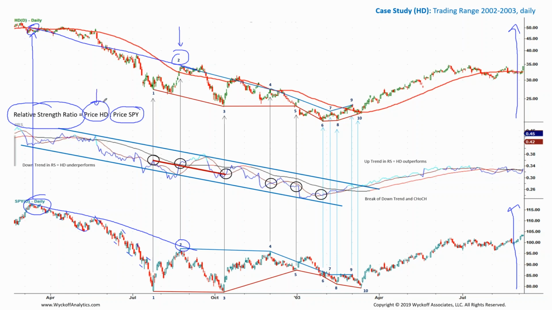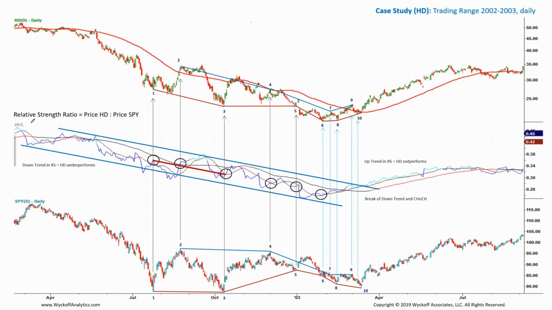You could have a stock here and you could have a sector and measure the strength of the stock against the sector. You could have the stock here and measure it against the strength of the group that the stock belongs to. And it's always going to give us some kind of line, and that would be our relative strength ratio line.